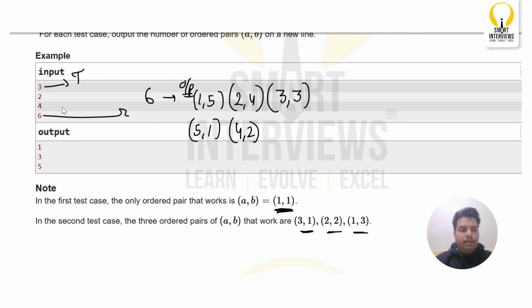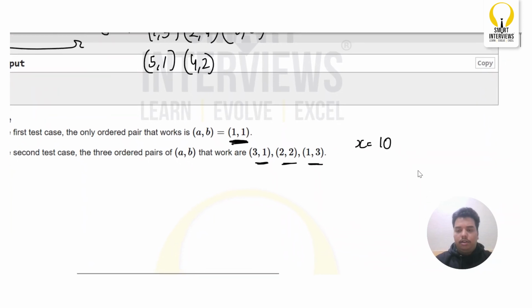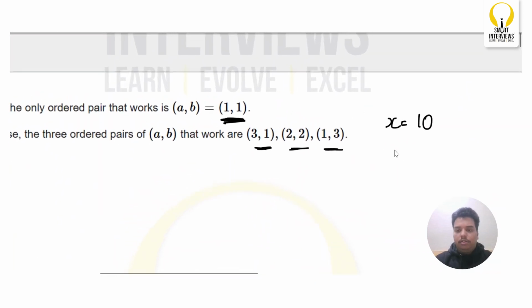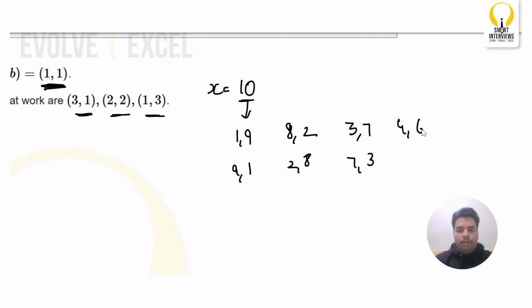If you take any number, let's say x equal to 10, here I have taken a bigger number. For this, the expected pairs are 1 comma 9, 9 comma 1, 8 comma 2, 2 comma 8, 3 comma 7, 7 comma 3, 4 comma 6, 6 comma 4, and 5 comma 5.